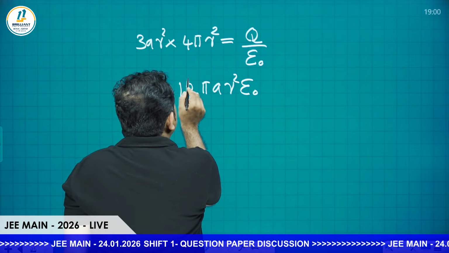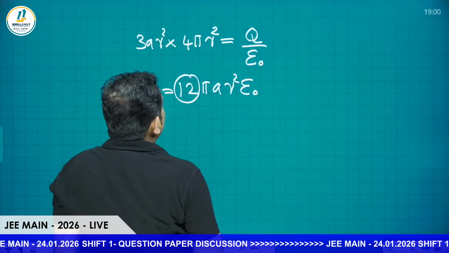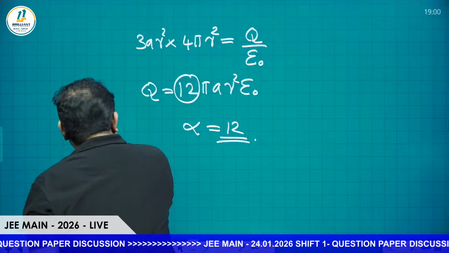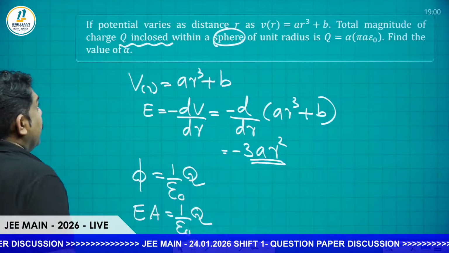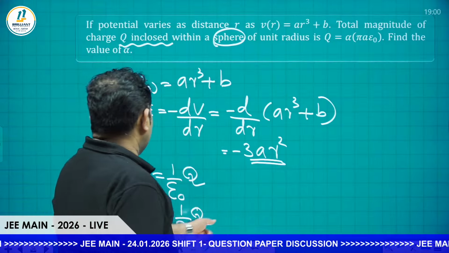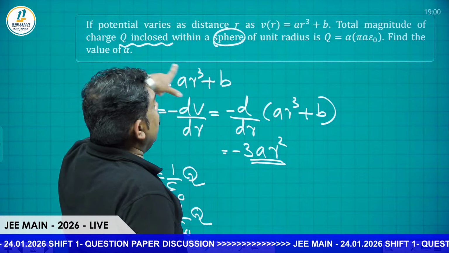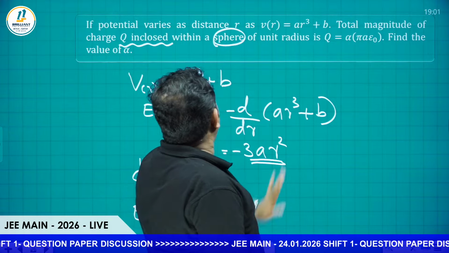So instead of 12, alpha is there. So alpha equal to 12. What is the value of alpha? Alpha is equal to 12.